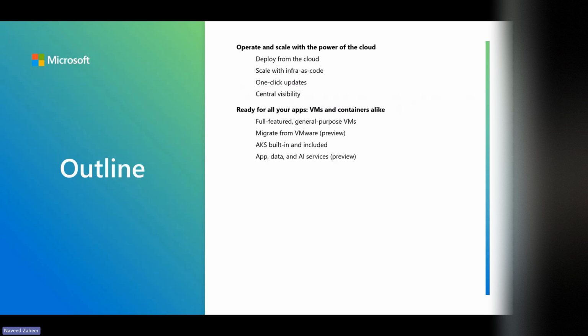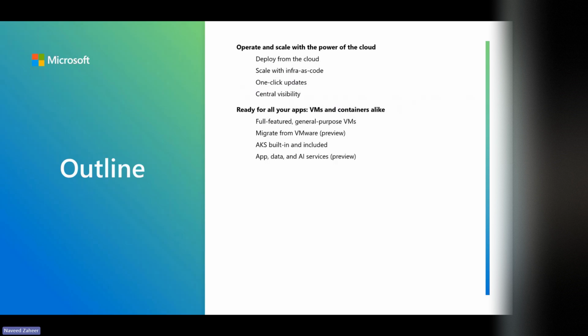And not only the ability to deploy VMs, but also deploy container apps, and you will be able to run app, data, and AI services as well. They're in preview.